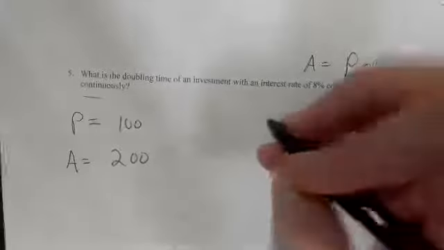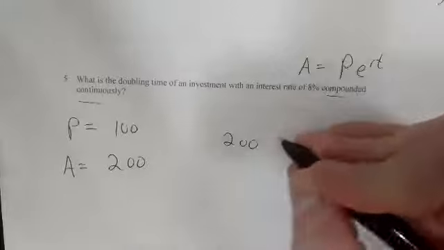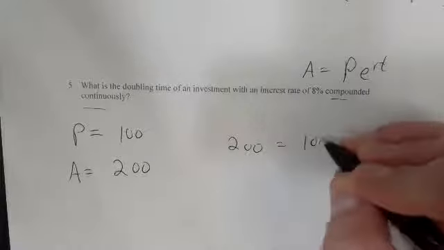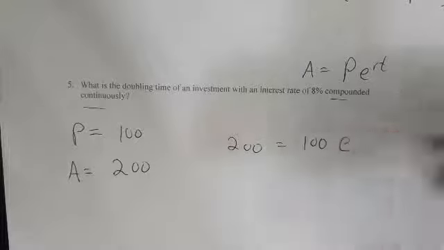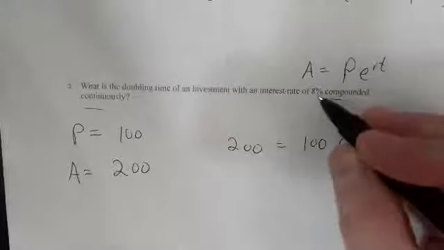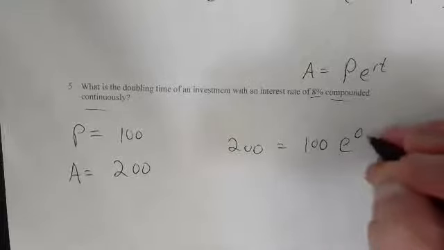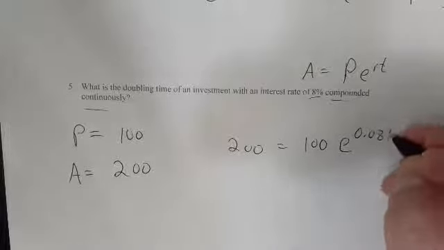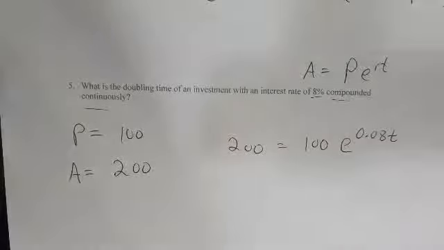So 200 is my accumulated amount, and 100 is my principal. I picked 100 and 200, but you could pick any two numbers you want as long as you're doubling them, and we'll see in just a second why that's true. With 8%, my interest rate is 0.08, and I have a t on here.